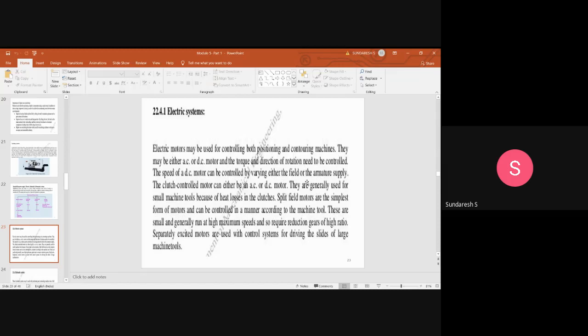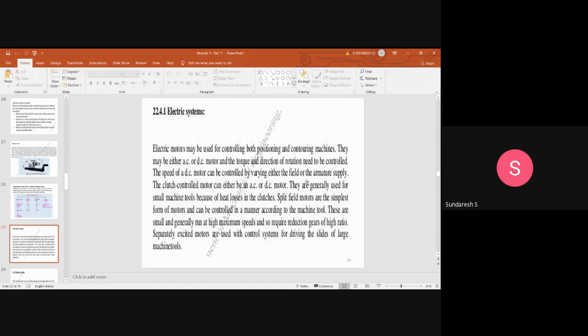Now, how can we control the speed? The speed of a DC motor can be controlled by varying either the field or the armature supply. The clutch control motor can be either a DC or AC motor. Especially for a DC motor, we can control the speed by varying the field or by just varying the armature supply, and of course by using a clutch we can also control the motor speed.